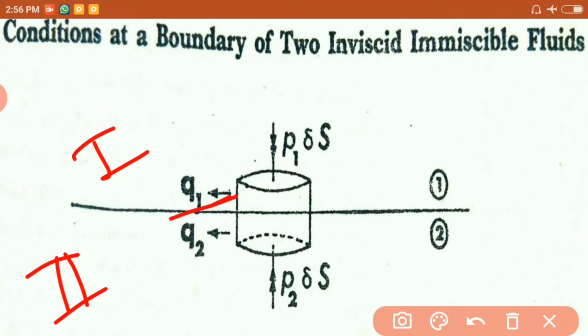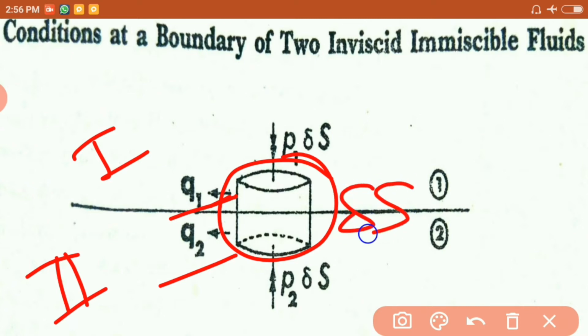Consider a small cylindrical hat-box shaped element with normal section delta S, containing P and projecting into both the fluids, its generators being normal to the surface.